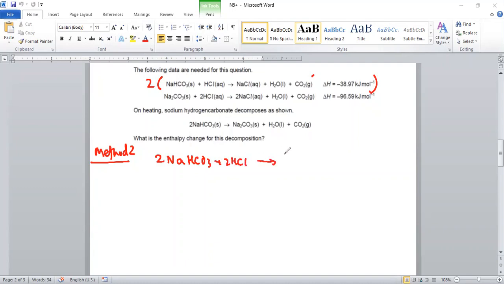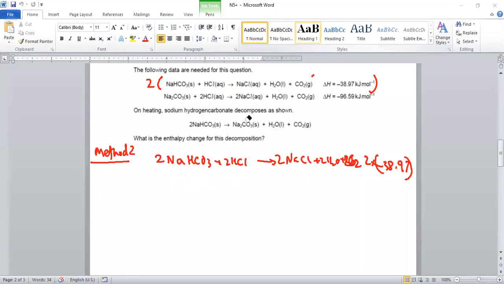2HCl, 2NaCl, 2 water, 2 carbon dioxide, and 2 into minus 38.97. Okay. Now add the second equation. Before adding, you have to make a plan.